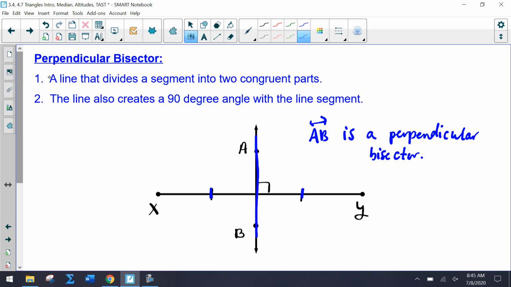So it's a line that divides a segment into two congruent parts, which is the bisector, and then the line that also creates a 90-degree angle with the line segment, which is the perpendicular piece. So we have a perpendicular bisector.